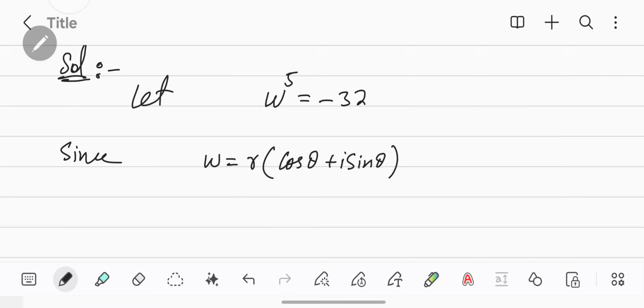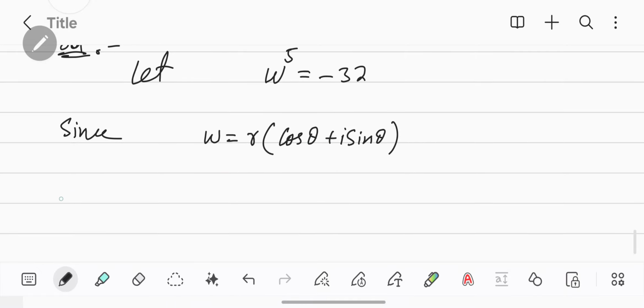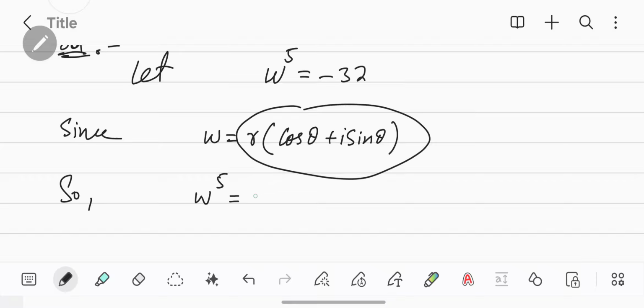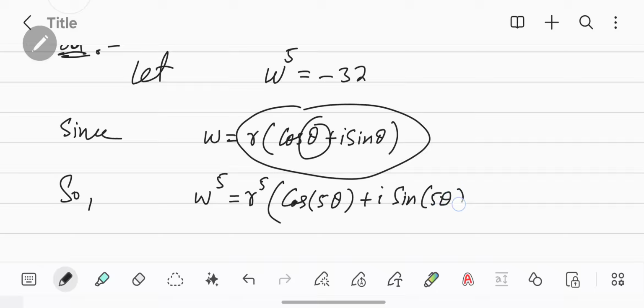How can we find W to the fifth? W to the fifth must be equal to the fifth power of R, times cosine of 5 theta plus I sine of 5 theta.